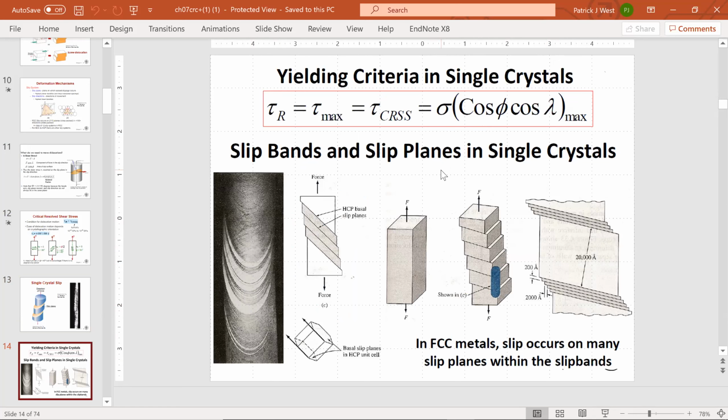Put another way, we don't know the orientation of the crystals within this system. When we want to induce plastic deformation, we want the atoms to move along a slip plane and in a slip direction. To induce plastic deformation, we have to make sure that the stress we apply is larger than the critical resolved shear stress, which is the stress required to induce plastic deformation in a material.